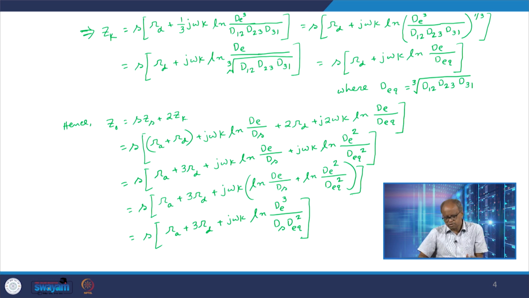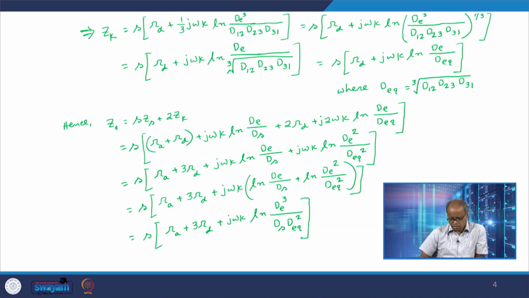Right. So, this is the expression of Z0. So, this expression is in terms of the resistances of all the wires, as well as the ground resistance, as well as the dimension of the wires.